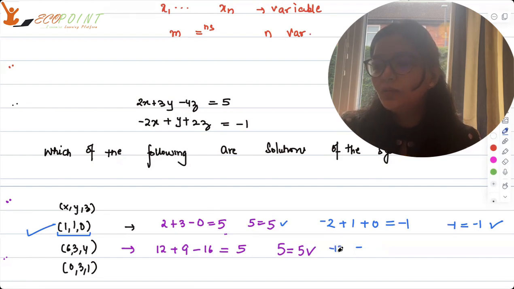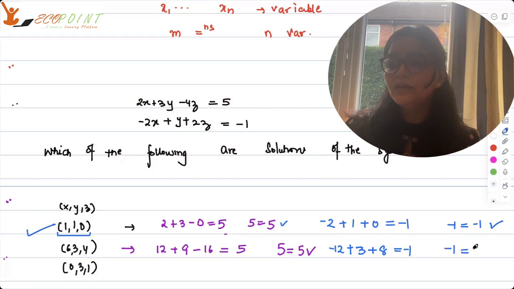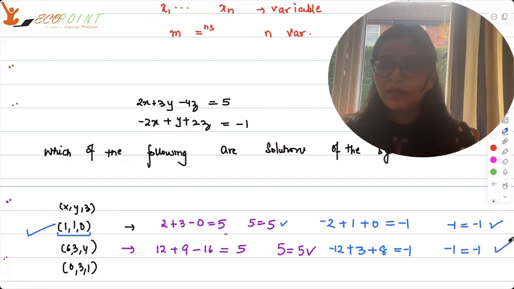So minus 12 plus 3 plus 8 equals minus 1. Is it true? Yes, absolutely. It is giving us minus 1 equals minus 1. Left-hand side is equal to the right-hand side. In other words, this 3-tuple gives us the value minus 1 and the value 5 for the respective equations. That means this is also a solution.